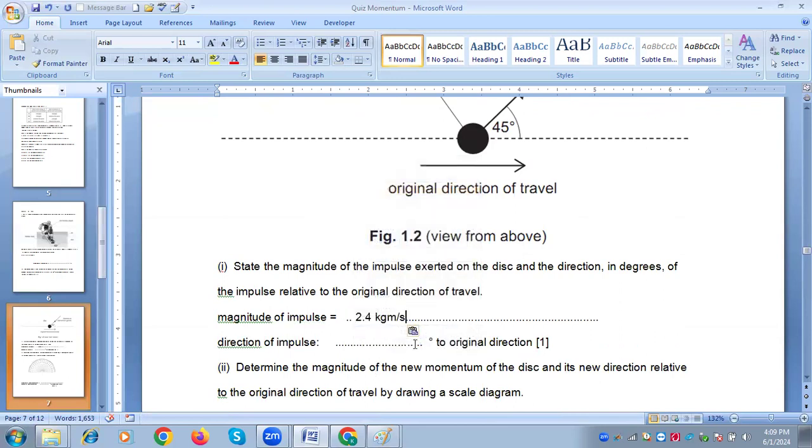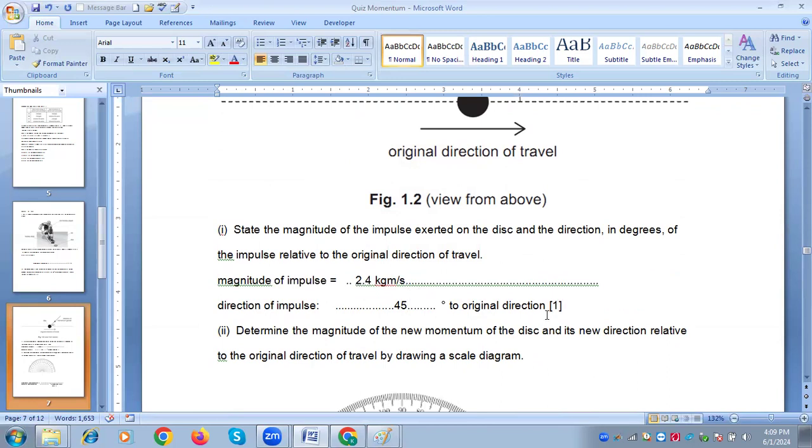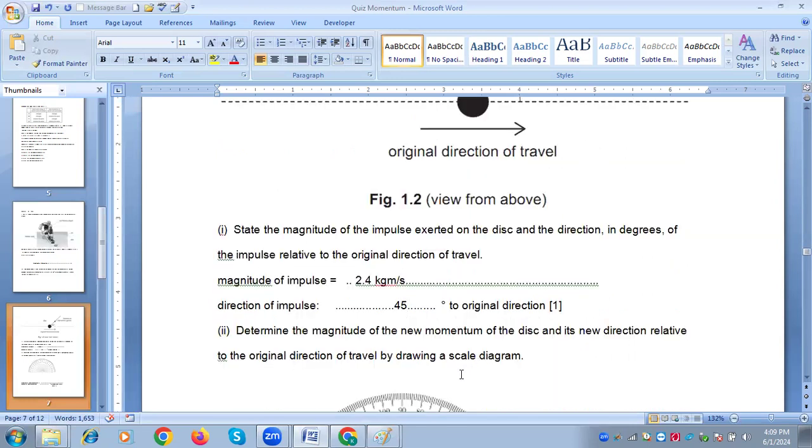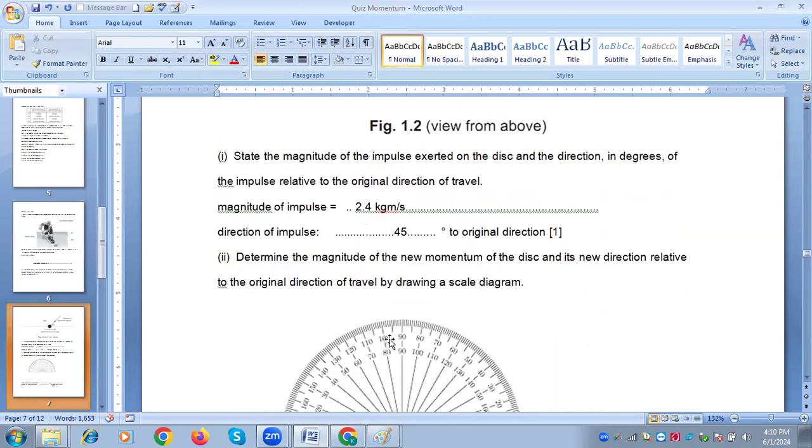This is only one mark, because you just have to tell what the impulse of the disc is. Impulse is the change in momentum of the disc. It was moving initially along the horizontal. Now it moves at 45 degrees to the original direction.